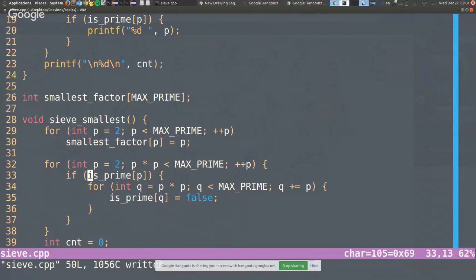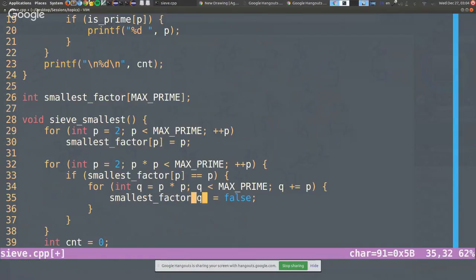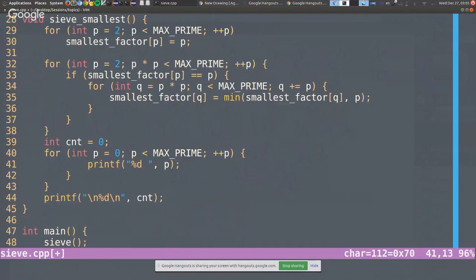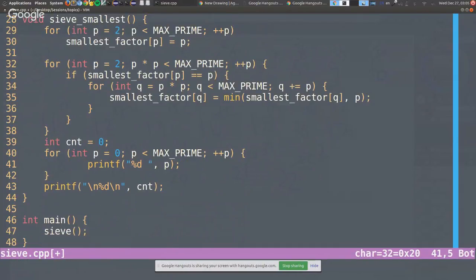And here to check if a number is prime, to check if it's the smallest factor of itself, you will say the smallest factor is the minimum between the smallest factor we found so far and p.